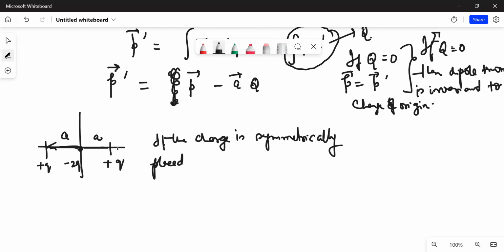So you can say that your plus q charges are equally placed from the origin. So dipole moment will be 0, and indeed it is, because this has been done previously. This is a linear quadrupole arrangement. So net dipole moment will become 0.